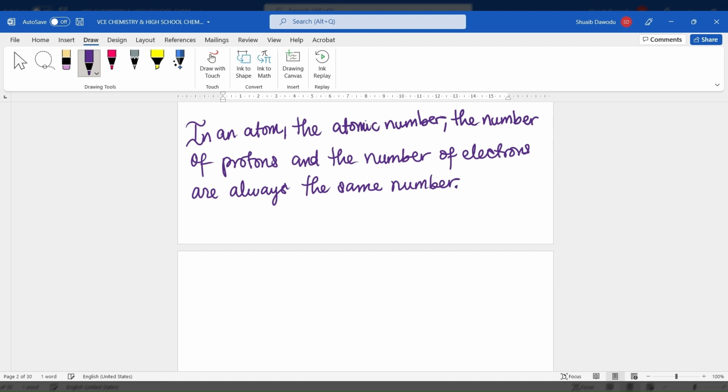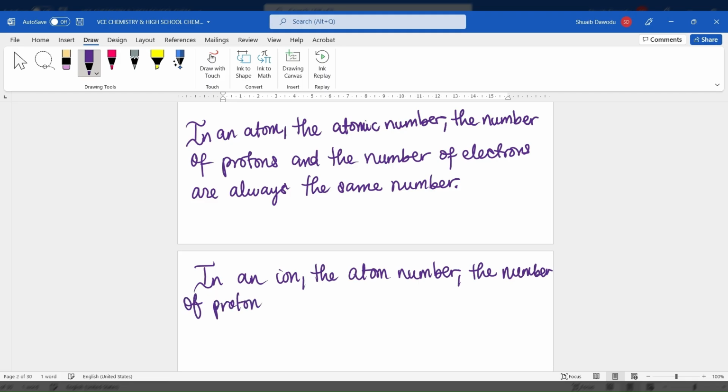But in a situation where you have ions, in an ion, the atomic number and the number of protons are the same, while the number of electrons differs.